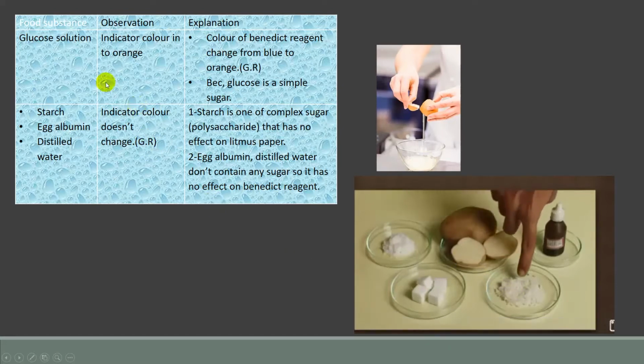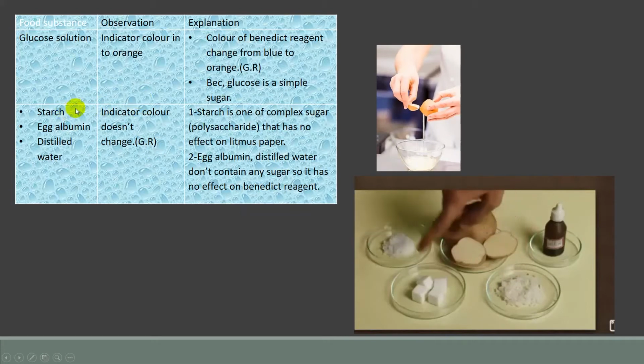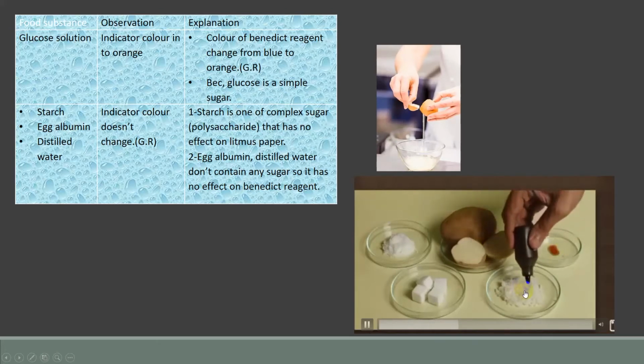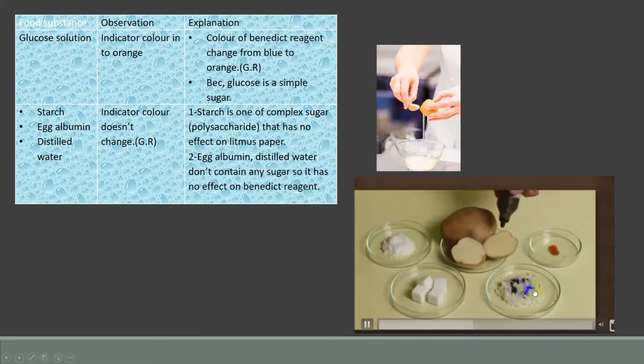In this table, the experiment using starch, the Benedict reagent, egg albumin, distilled water, we said this before. He is adding drops of the iodine solution. Here its color didn't change, it's water. The rice contains starch, the color changed to dark blue. The starch in the potato, its color changed also to dark blue.